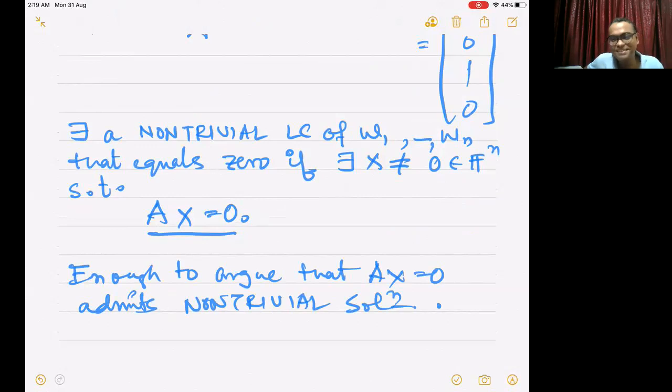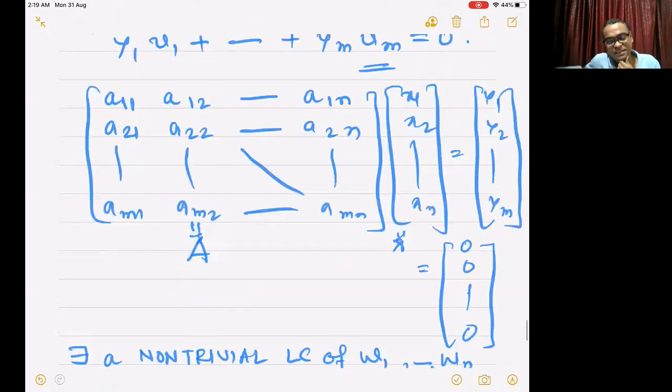Why? Come back. What is the size of this matrix A? M cross N. Yeah? How many variables? N. How many equations? M. What is the condition that we have imposed on this system? N is bigger than M. So by our star theorem back in lecture number 3, if I'm not mistaken, lecture number 4, whatever, go back and check the star theorem, which says that if there are fewer equations and more variables, then a homogeneous system of equations will always admit non-trivial solutions.